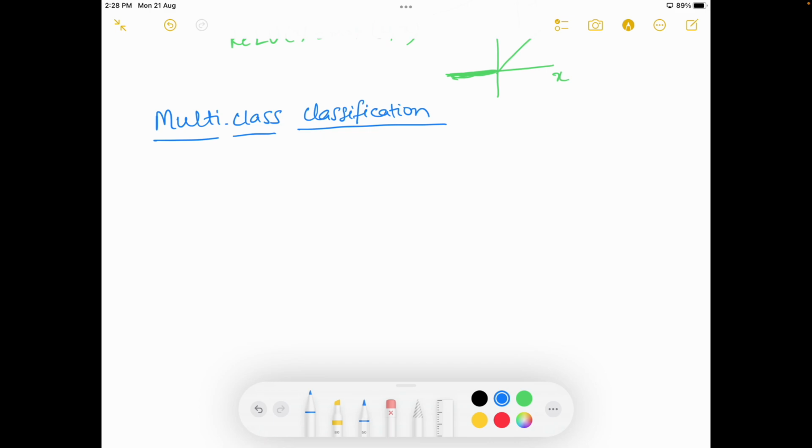Give me examples of multi-class classification. Animal classification, whether it's a dog or a cat or a zebra or a lion.